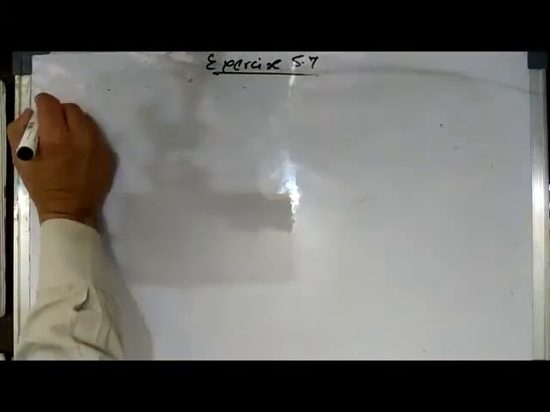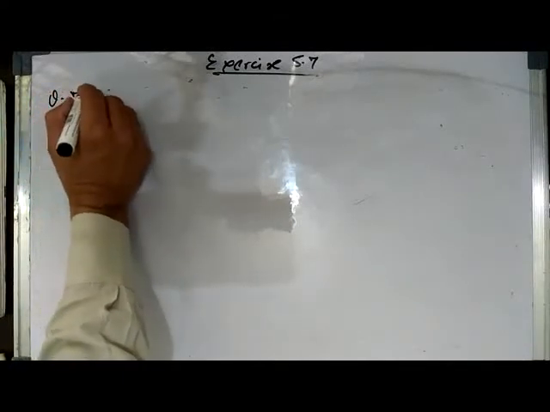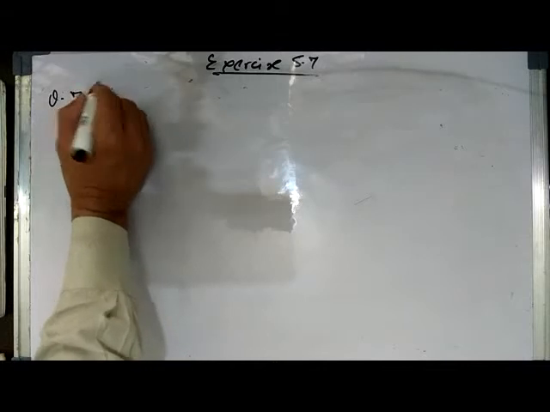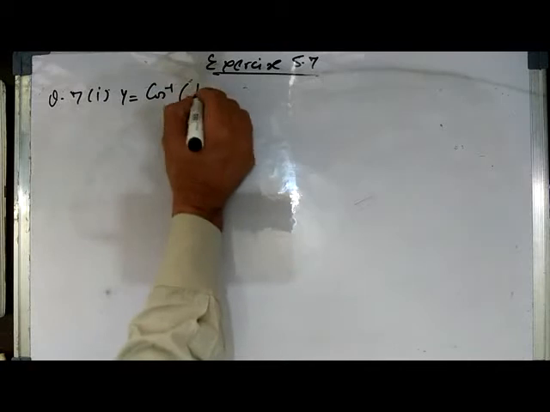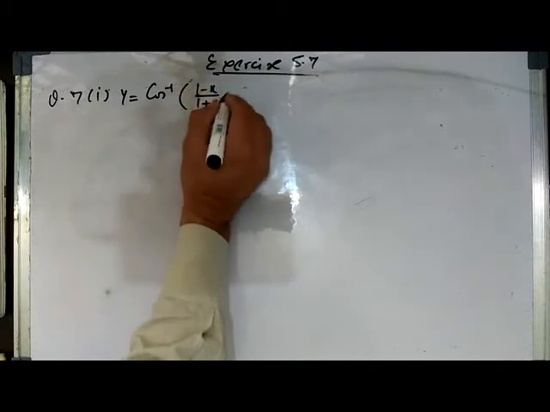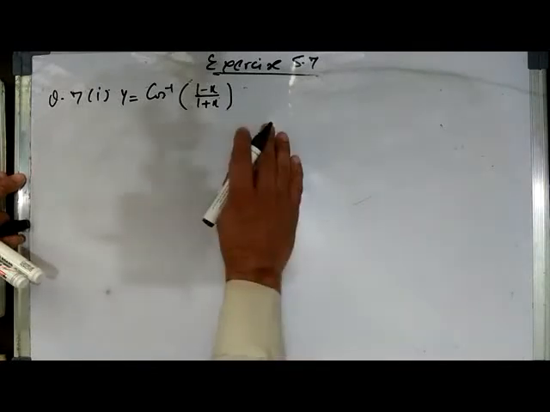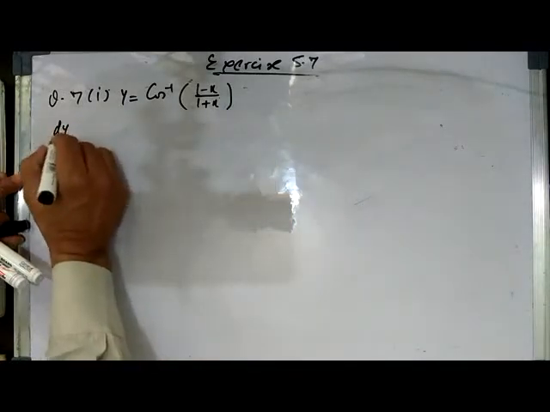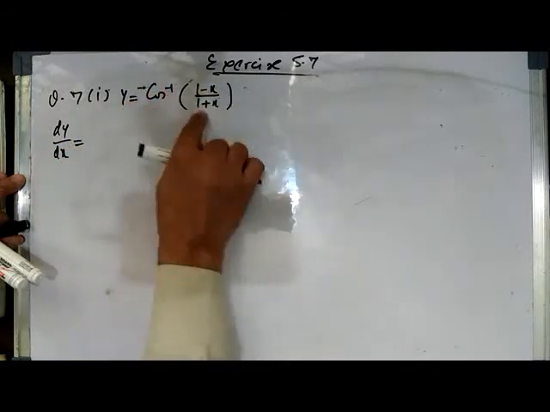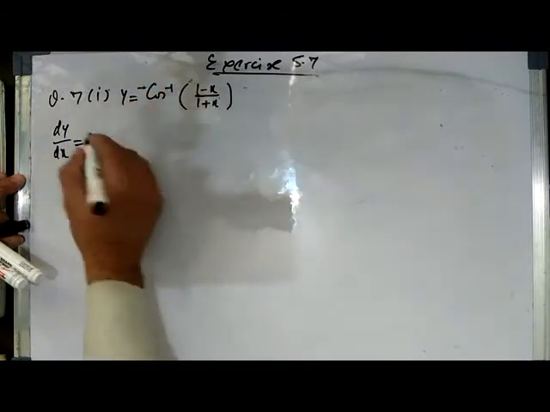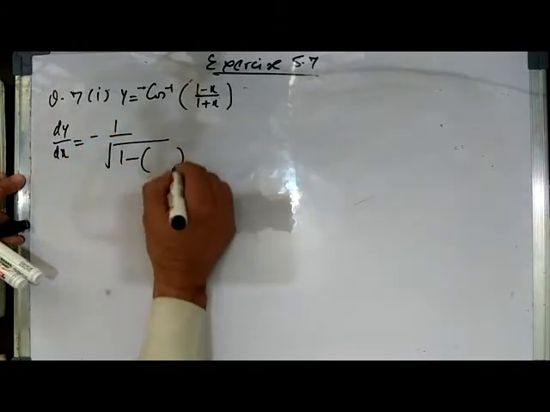Now I would like to solve question number 7 from the same exercise, part 1. y equals cos inverse of (1 minus x) upon (1 plus x). You can solve this in many ways. First you can go directly, like dy/dx. Now you come here, cos inverse, instead of x there is (1 minus x) upon (1 plus x). The formula is under root 1 minus x square.